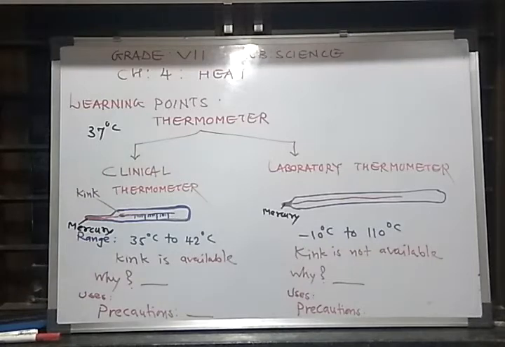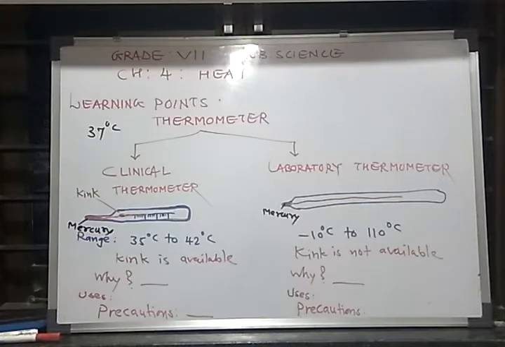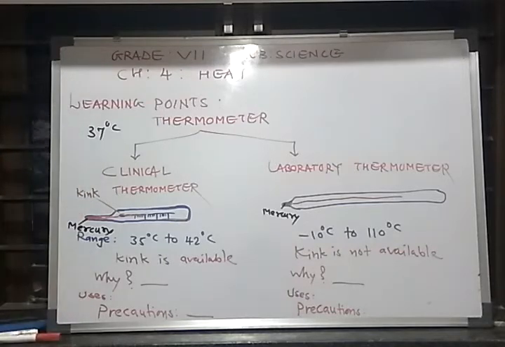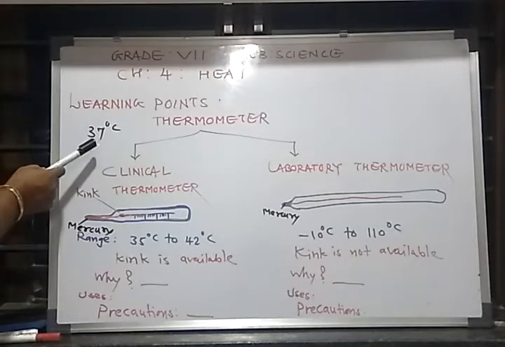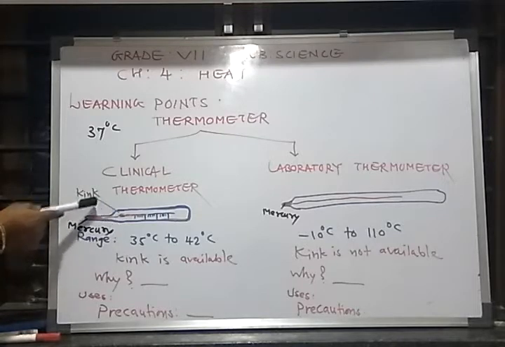So we take this thermometer this way, and first of all we have to jerk it slightly. While we jerk it, we reduce the level of mercury below 37 degrees Celsius. Then we can measure the temperature of the body accurately. That's why this kink is there.